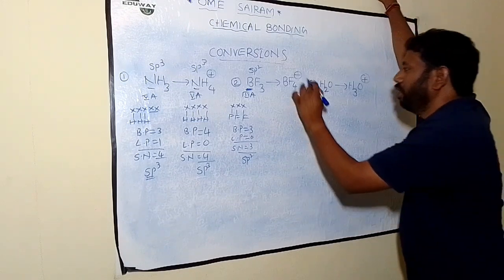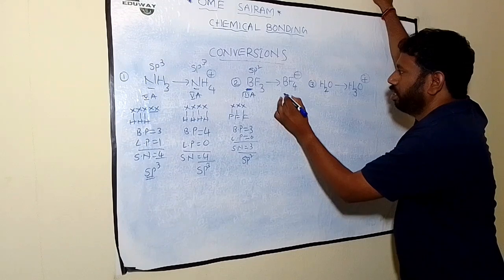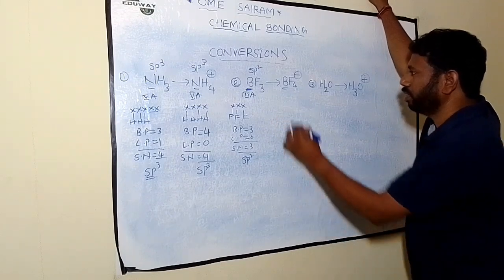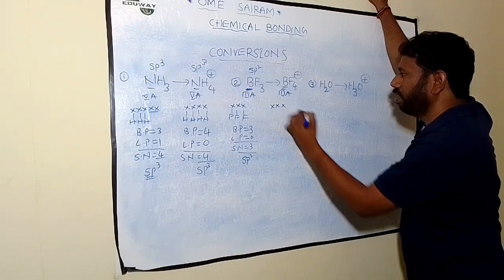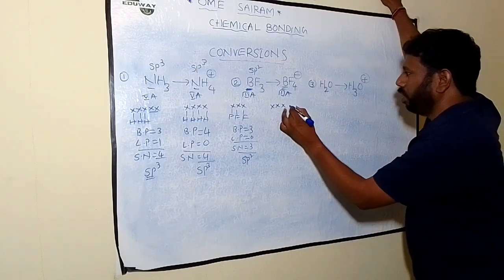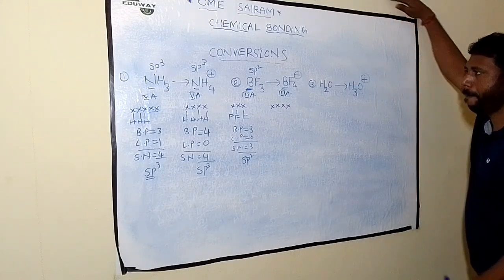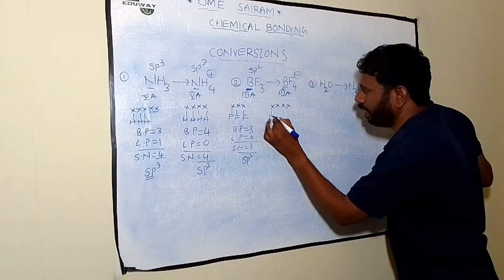Now we have to find out the hybridization of BF4 negative charge. The central atom is boron. It belongs to third A group element. That means it contains 3 valence electrons, and here 1 negative charge is present. That means it has 1 more electron. Now boron is forming 4 bonds with 4 fluorine atoms.